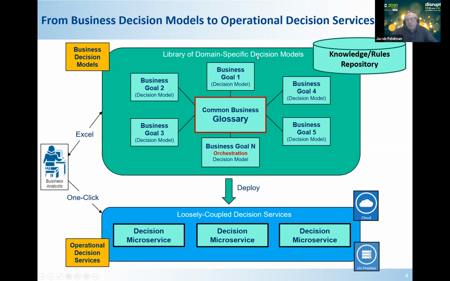And the main component of this library is a so-called knowledge or rules repository. And when we build this repository, we're trying to create a common glossary surrounded by multiple decision models for different business goals. And we will do this exercise today using Open Rules and Excel as our main rules management mechanism.